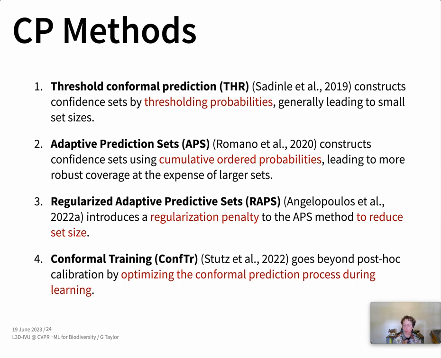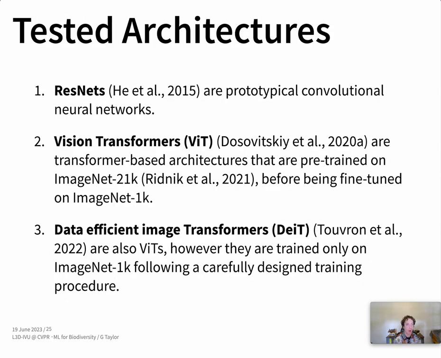So this is called conformal training. We've tested several different architectures in our experiments, of course, ResNets, as well as various types of vision transformers. And for those of you who are familiar with ViT, you'll know that in the original paper, to match the performance of CNNs, you had to use a larger data set, namely ImageNet 21K.